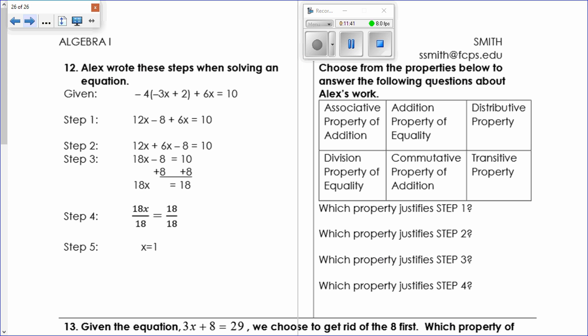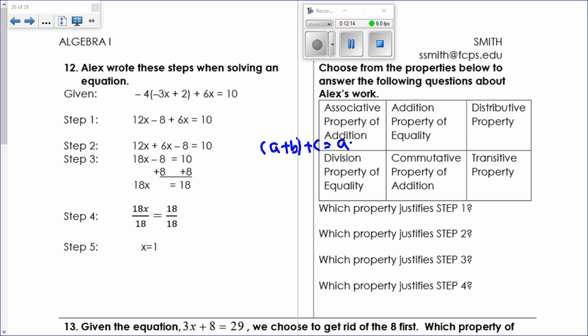Number 12, we will just look at this, number 12, so I can make sure that you understand how to approach these problems. Now, when you're choosing from properties below, from these properties in this table, there's 6 properties. You just have to recall what they look like. So the associative property, it's that situation where you have parentheses and you're adding 2 things first on one side, and then you change up what you're adding on the left.